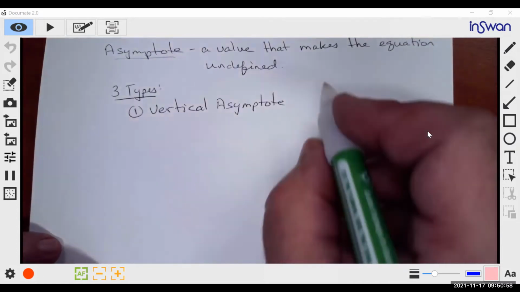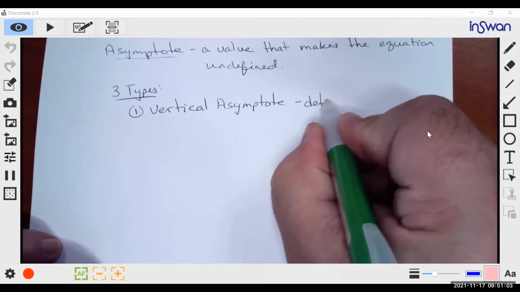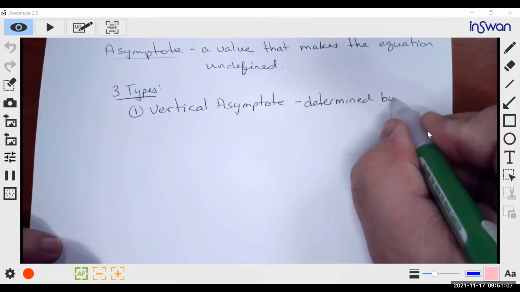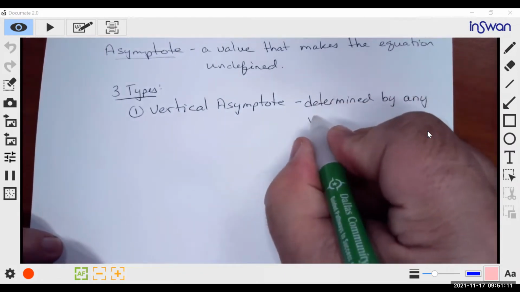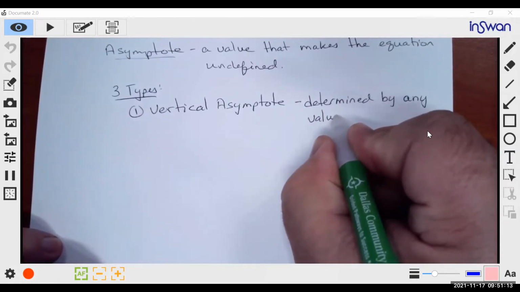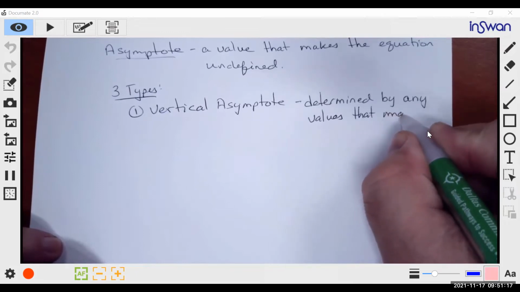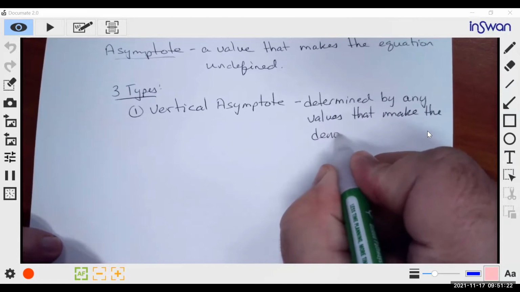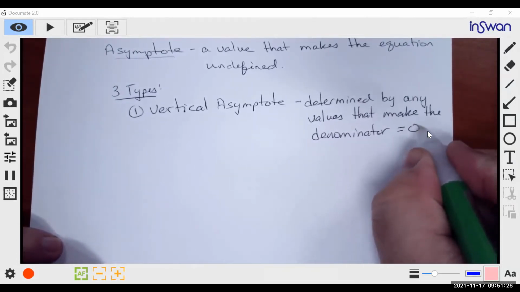Vertical asymptotes are determined by any values that make the denominator equal 0.